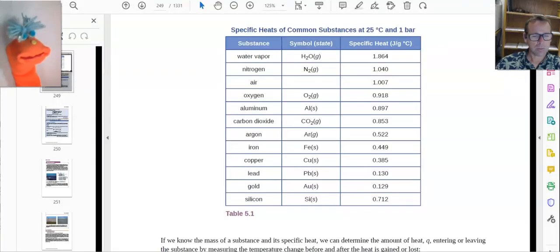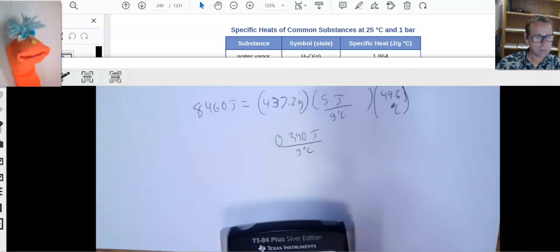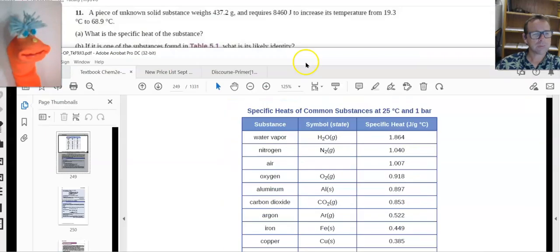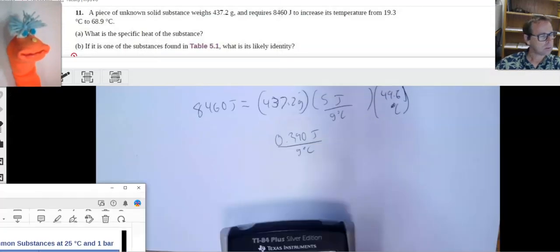Alright, so table 5.1, 0.390, is that what we got? Yeah. So it looks like it could be copper, 0.385. Okay, copper, maybe. That's the closest at least. Alright, good.